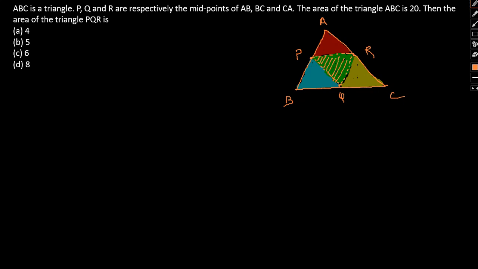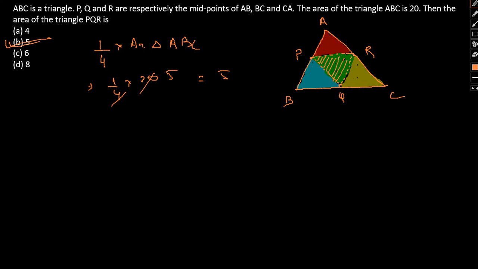So if we look to find the area of triangle PQR, it will simply be 1 by 4th of the area of triangle ABC. So 1 by 4 into 20 is simply 5. So option B is our answer.